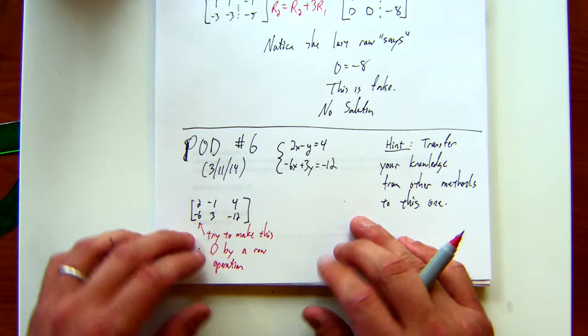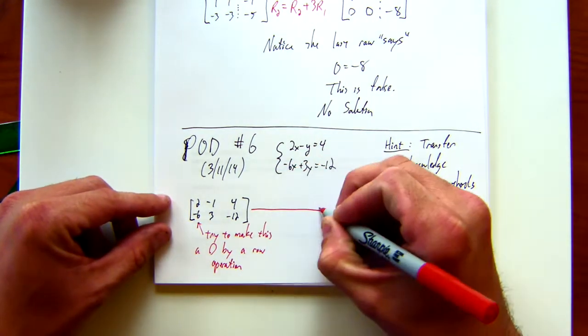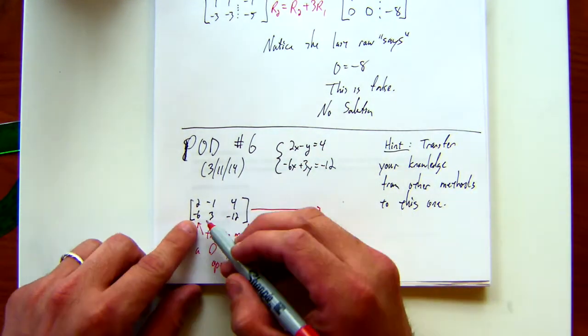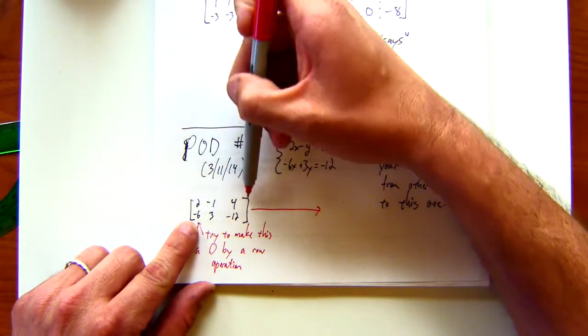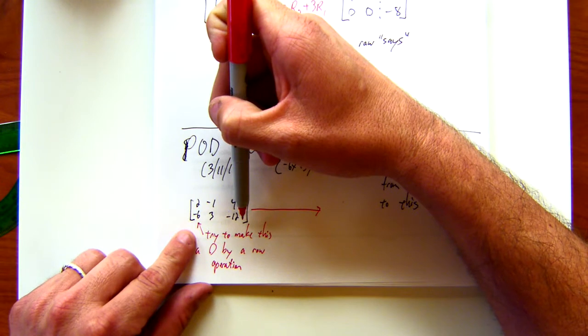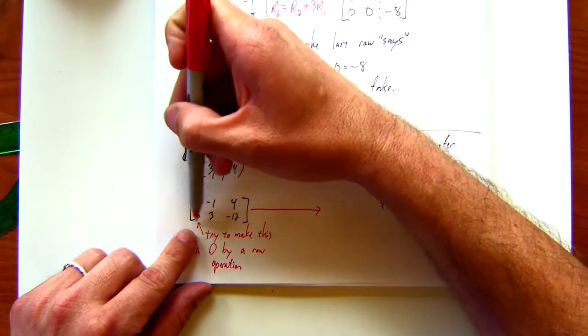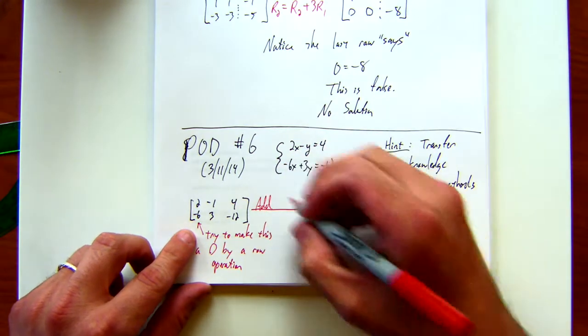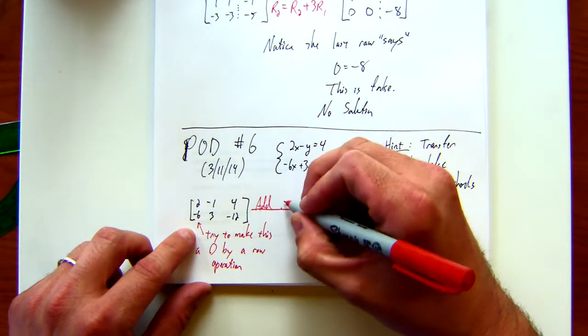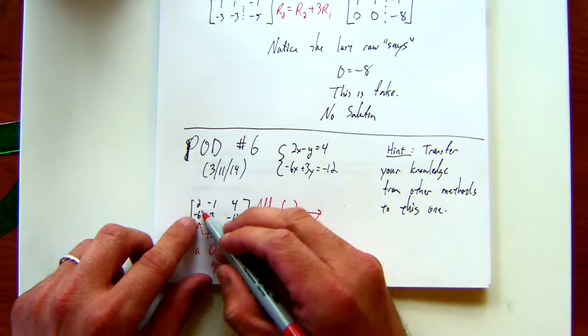So I have to say, well, I'm going to add some multiple of this row to this one to make this go to 0 when I add it. So I need to add some multiple, I'm going to put it in parentheses, of row 1.